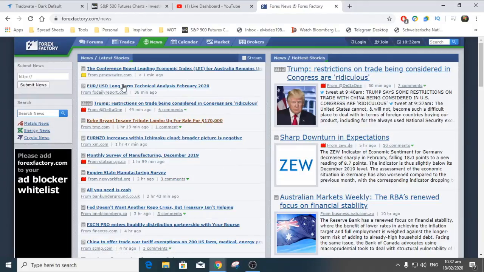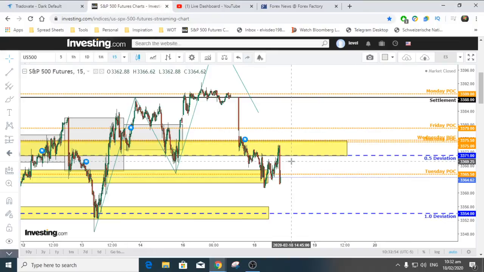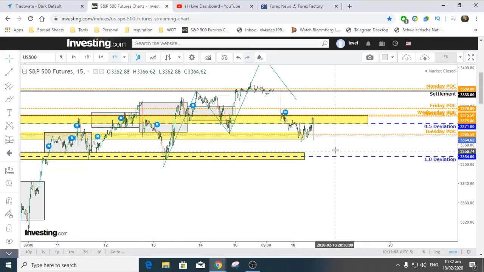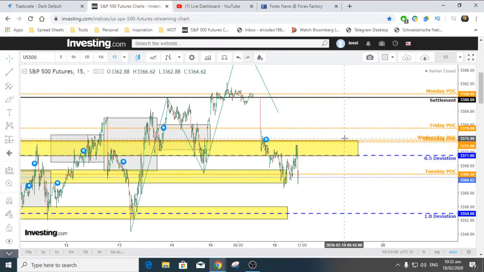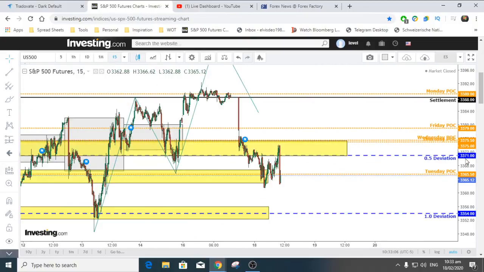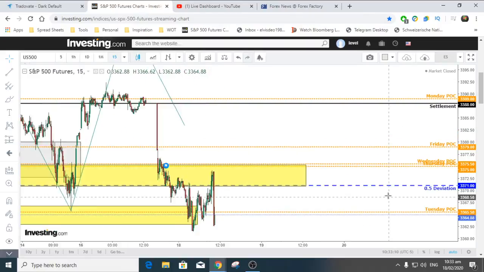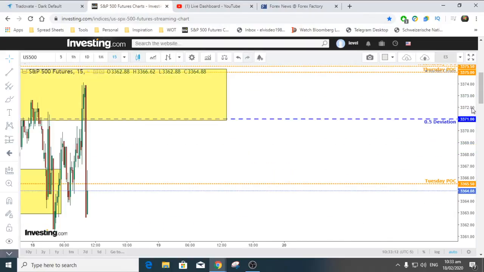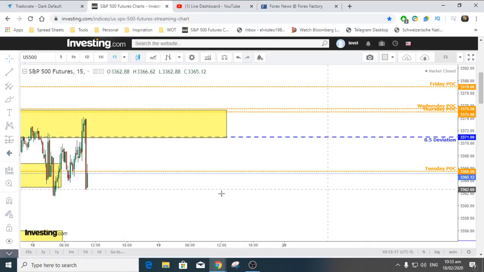Nope. I'm not seeing anything coming across here. So total aggression is 66. Continuation trade. Very low risk trade to take right now. The price action, full price action trade, I want 69.